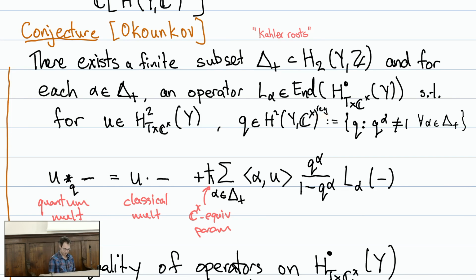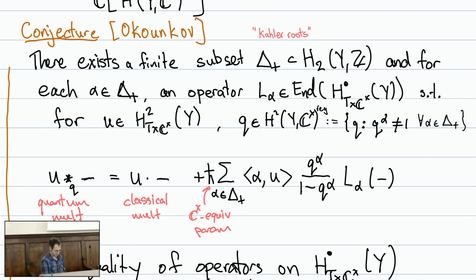So these alphas are elements of H_2 with coefficients in Z. That means they can be considered as weights of this H^2 with coefficients in C star. So alpha can be considered as a map from this H^2 of C star to C star. I write that map as q to the power alpha. So the regular part of this Kähler torus means those q's where q to the alpha is not 1 for all alpha.